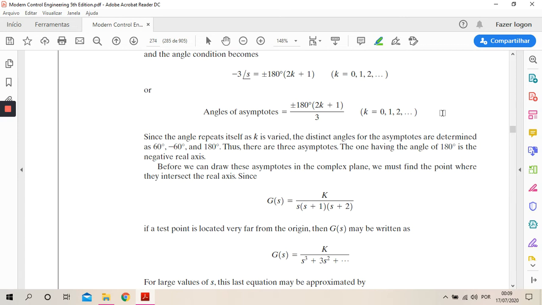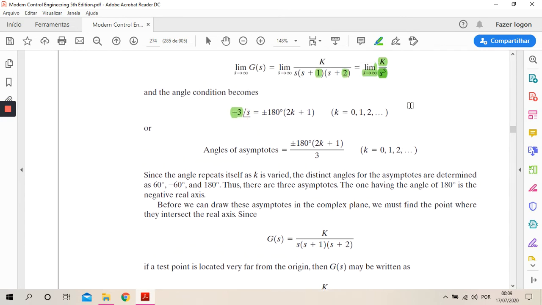Angle of asymptotes, plus or minus 180 degrees, 2k plus 1 divided by 3, because of this 3 here, and this 3 here is linked to this 3 here of the expression k divided by s cubed.